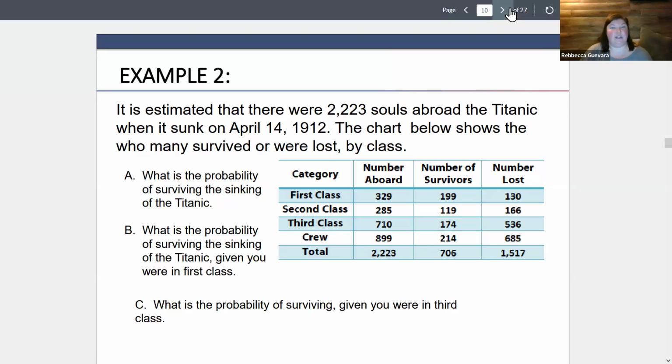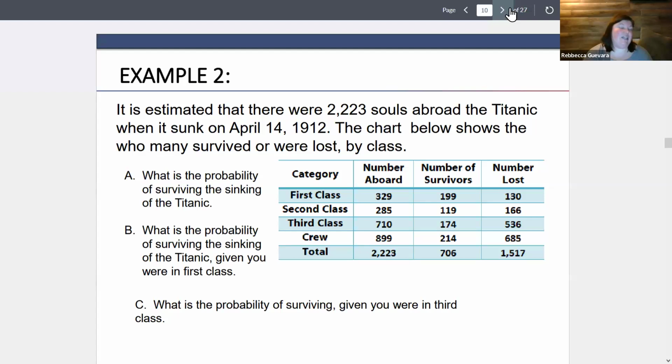So for an example here, we're going to use the data from the Titanic. So we're just looking at classes. If you look at it by gender, you're going to see completely different statistics for men surviving and women surviving. Classes, we're going to see something different as well.